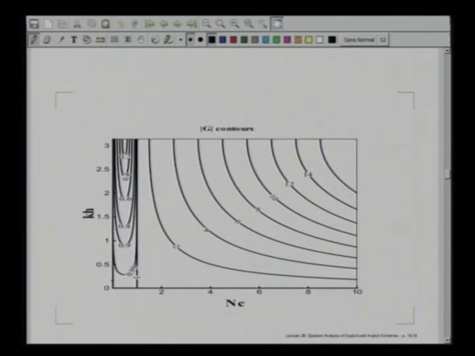If you do take n c less than 1, then different wave numbers are going to be attenuated by different amounts. The higher the value of k h, the higher is the attenuation. Whereas, if you take n c exactly equal to 1, G is equal to 1 everywhere, and that is your exact solution.